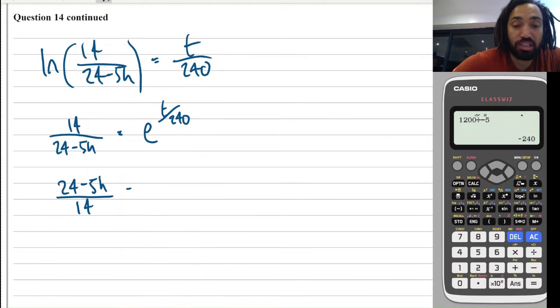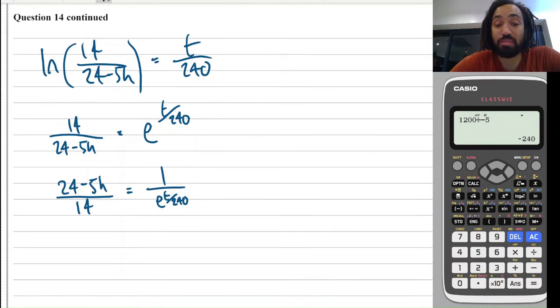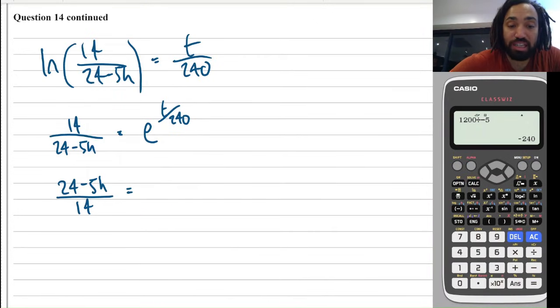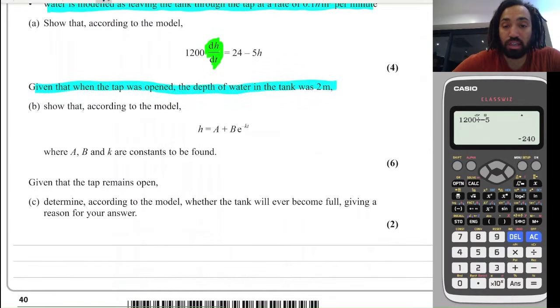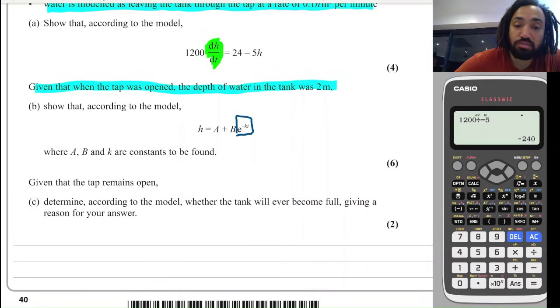And in doing that, it's going to flip over this e to the t, so that'll go on the bottom. But that's the same as it being a negative power, so I could just call that e to the minus t over 240. And I know that's going to be quite helpful because if I look up here, they want it as e to the negative power. So that's really good.